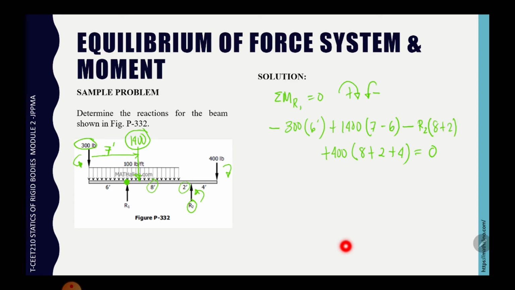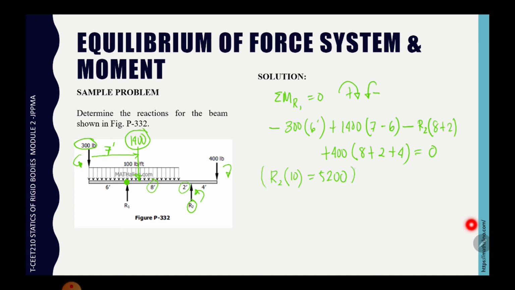Si R2 is equal to times 10. Tapos, solve natin sa calculator, negative 300 times 6 plus 1,400 times 1 and plus 400 times 14 is equal to 5,200.